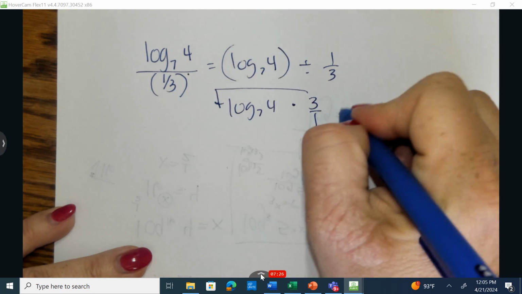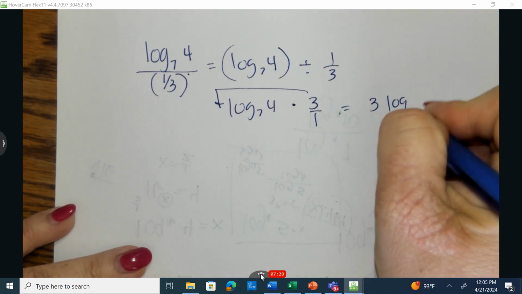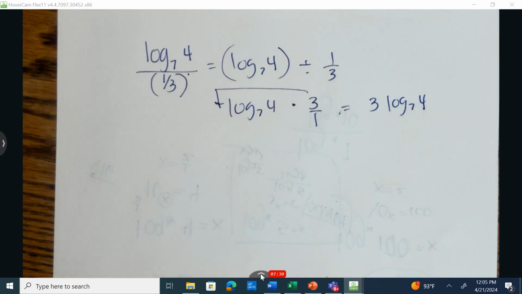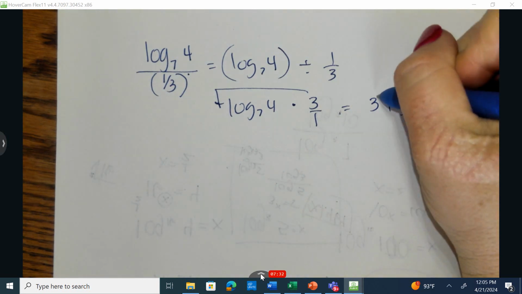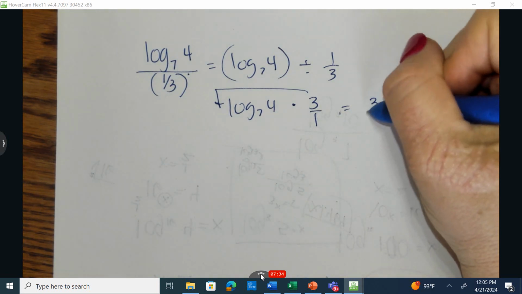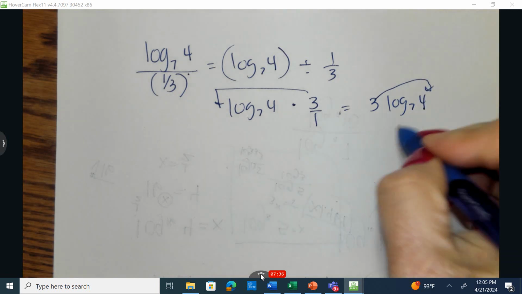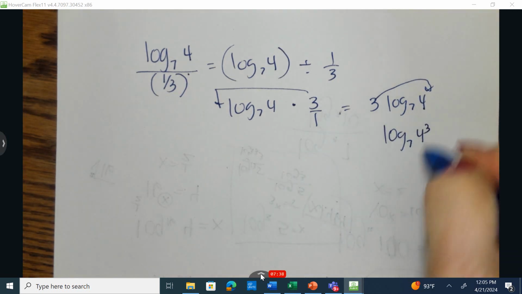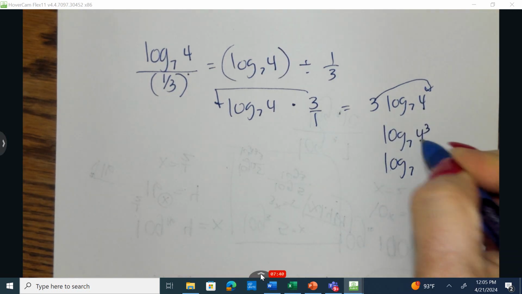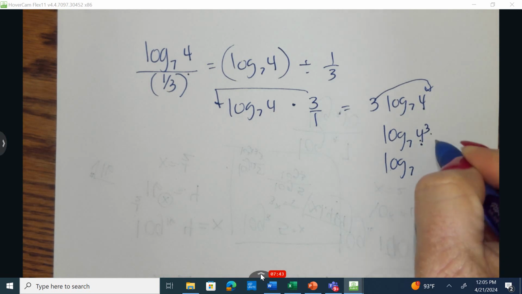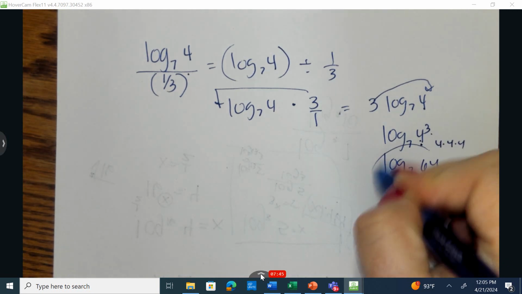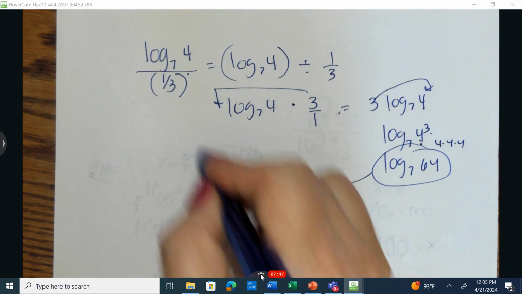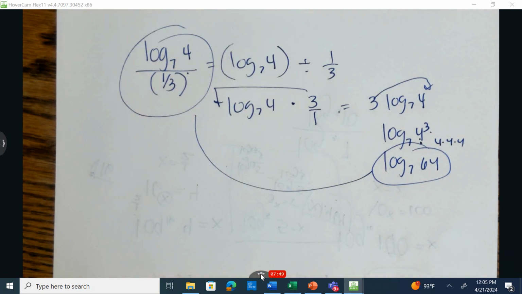It goes in front. So this would be 3 times log base 7 of 4. And then also remember that when we condense things, any value out front becomes an exponent. So log base 7 of 4 to the third: 4 times 4 is 16, 16 times 4 is 64. This is equivalent to this original expression.